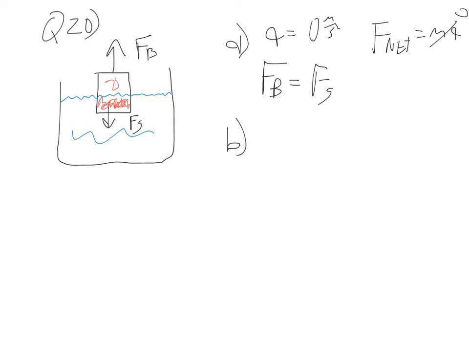So the volume of the water displaced is going to equal the volume of the block that's underwater. But the block as a whole has more volume. So volume of the block is greater than volume of the water that it displaces, the water that it moves out of its way.